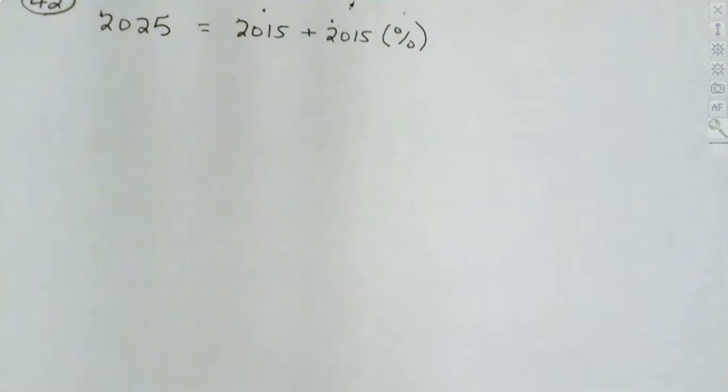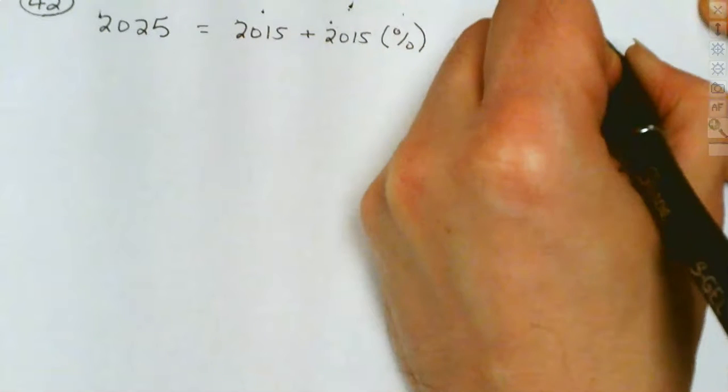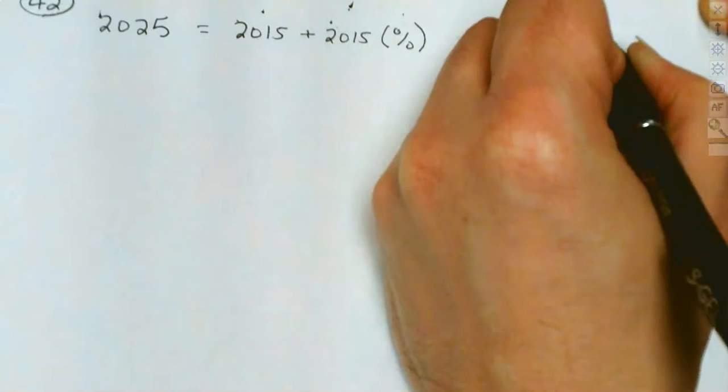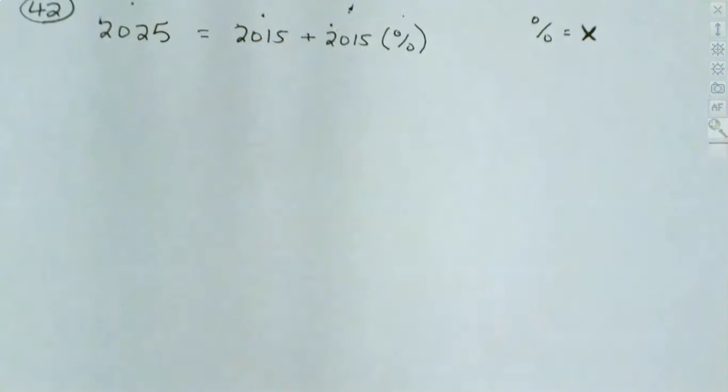Now we can start filling in our values. And we're going to call that percentage, we don't know, so we're going to say that percentage is X. Now what do we know about 2025? Do we have a projected value?